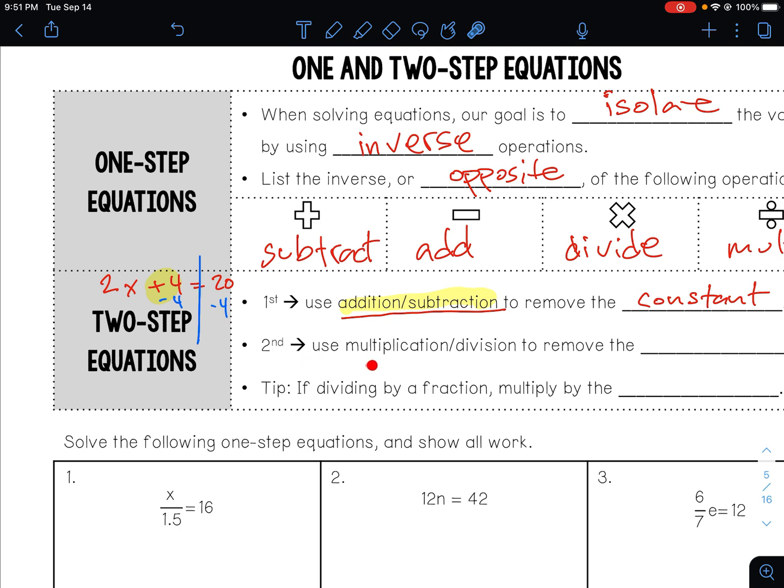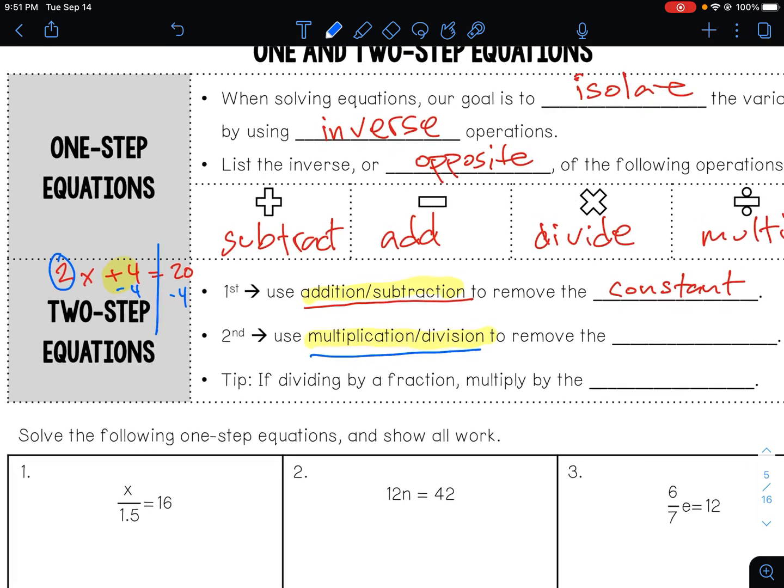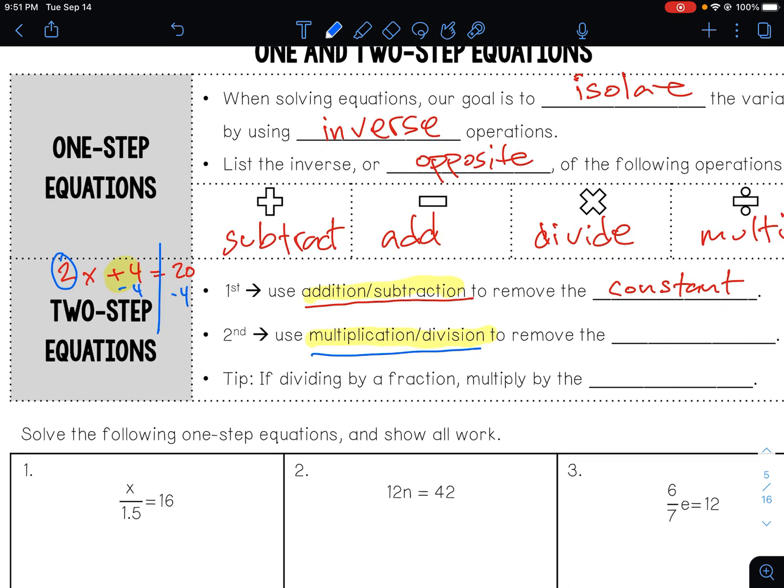And then second, we want to use multiplication or division to remove the coefficient. The coefficient is just the number in front of the variable or with the variable. So 2 is the coefficient, and you want to get rid of that. Because it's 2 times x, you would use division. If I had x divided by 4 equals 10, the coefficient would be the divided by 4, because technically it's 1 divided by 4.